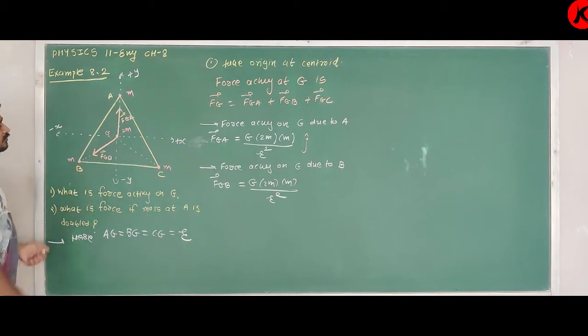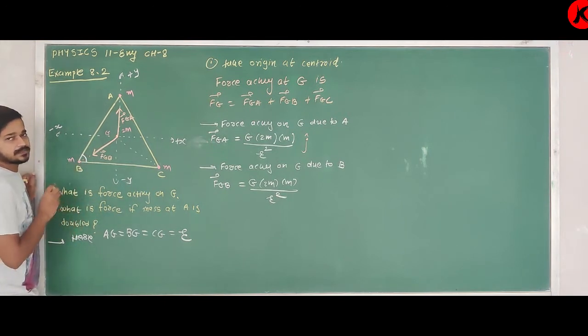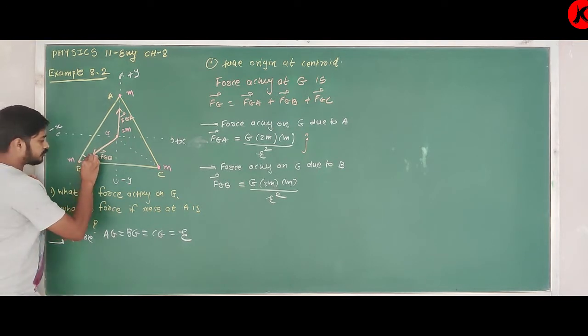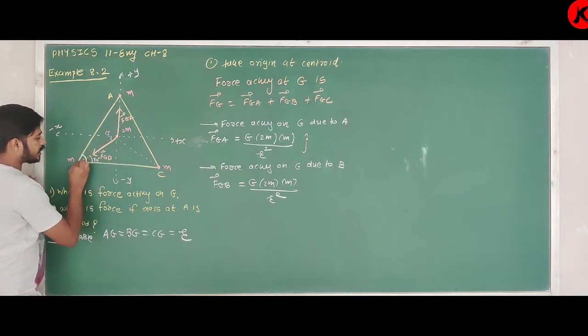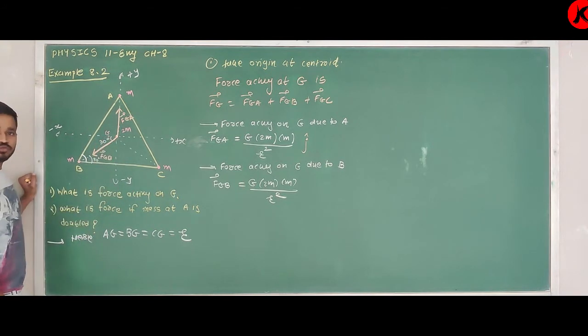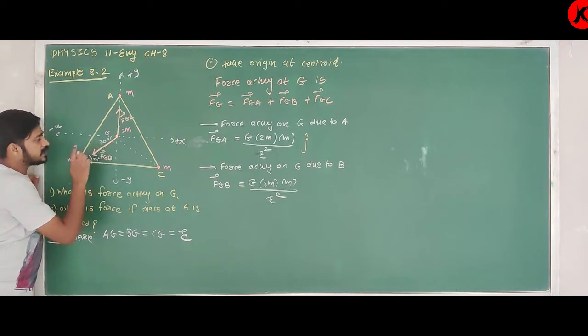This FGB is in this direction. We know that for an equilateral triangle, this whole angle becomes 60, and it is halved, so this angle is 30. So this angle is also 30.